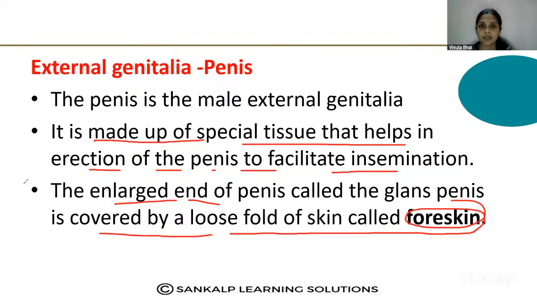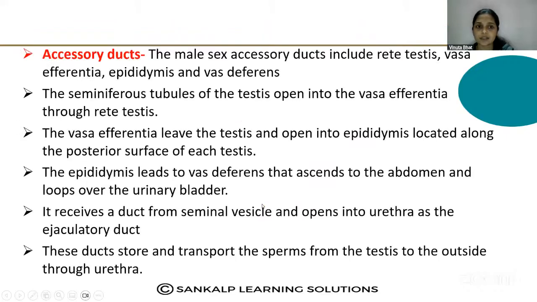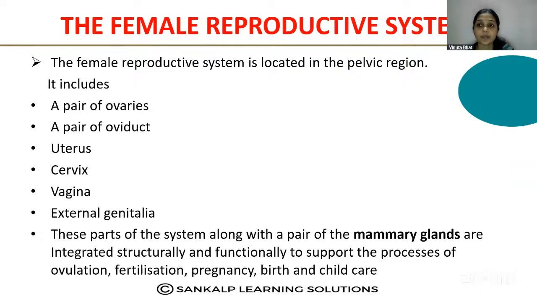So this is the foreskin, and the enlarged one is the glans penis. So this is about the male reproductive system.